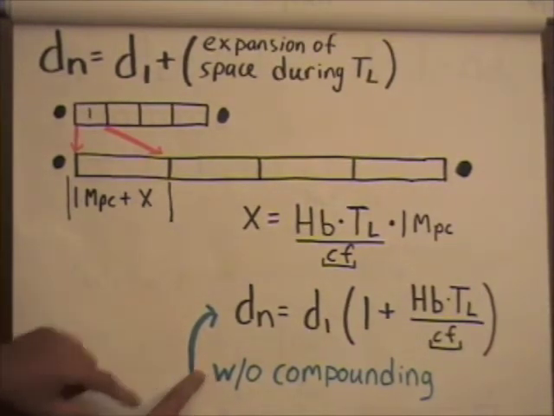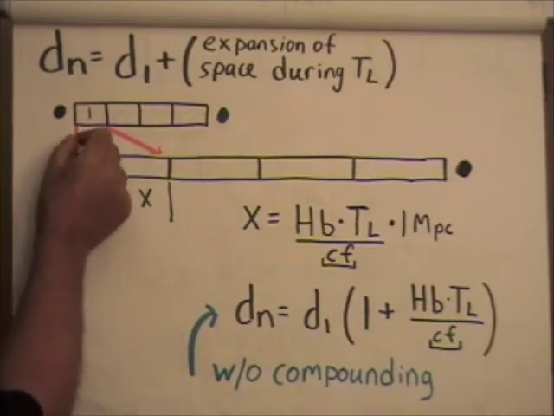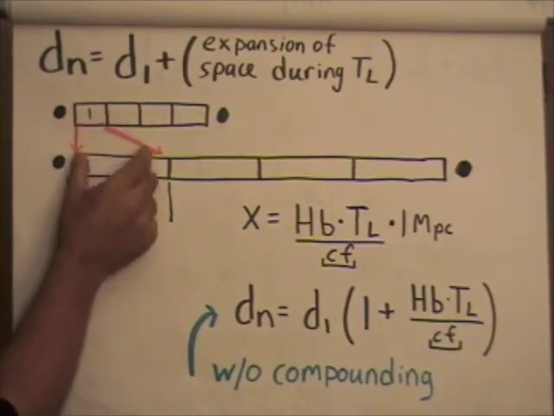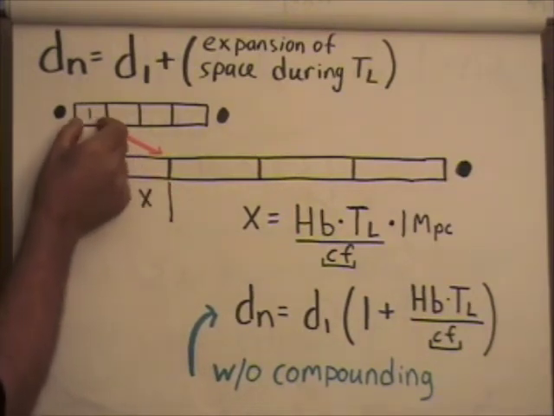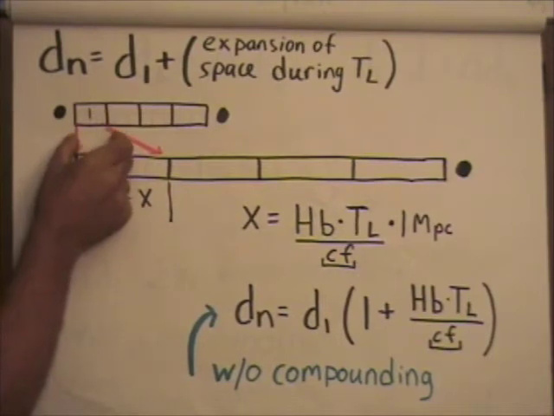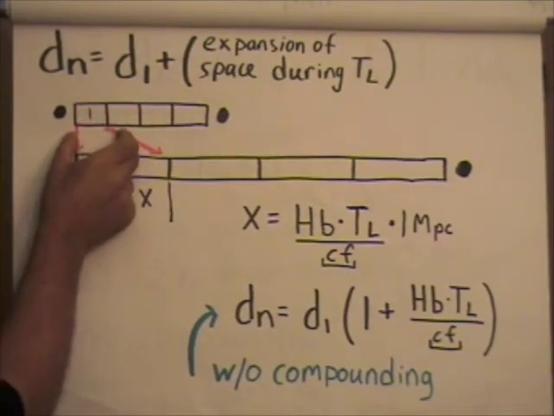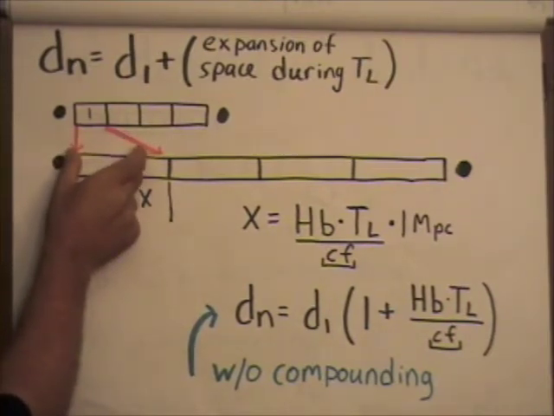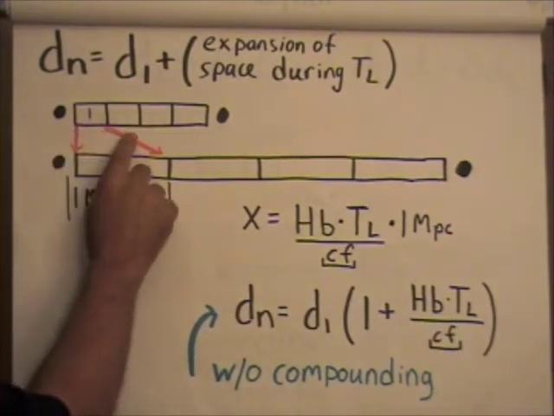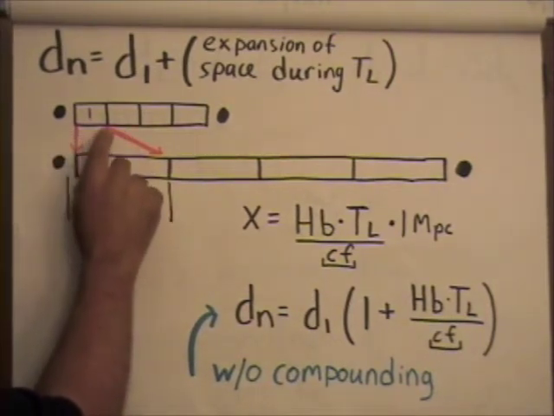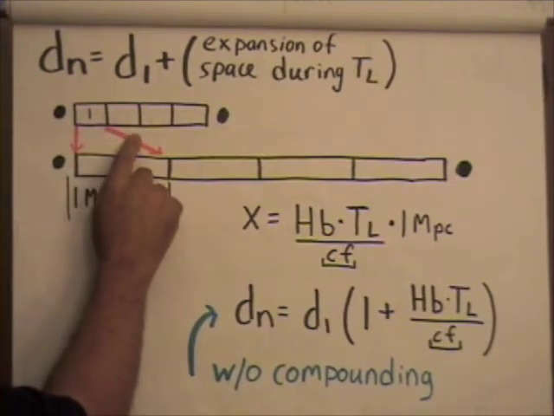Okay, here's the compounding. During the time that space is expanding, let's say after a certain amount of time, it's gone from being 1 megaparsec to some longer distance, 1.5 megaparsecs. Now, in the next unit of time, the expansion is going to be of the total new length, 1 plus 0.5 megaparsecs.